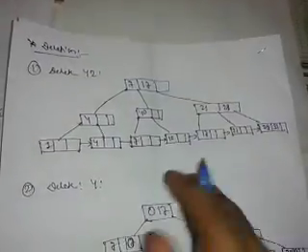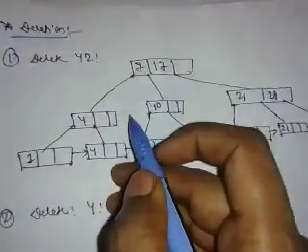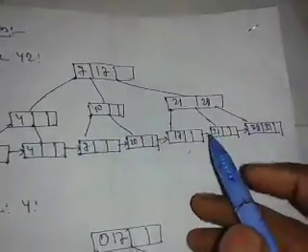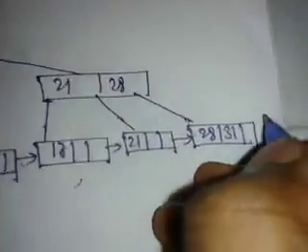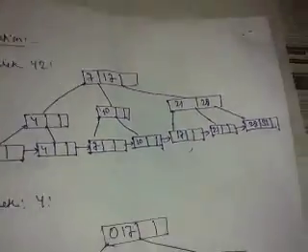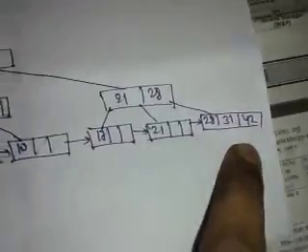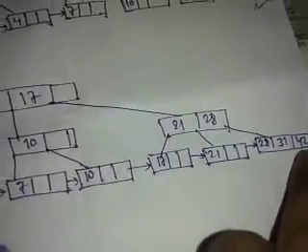Now we need to perform the second operation, which is deletion. Previously we have calculated this tree, so we have to delete 42. Here is 42, so here we want to delete 42.